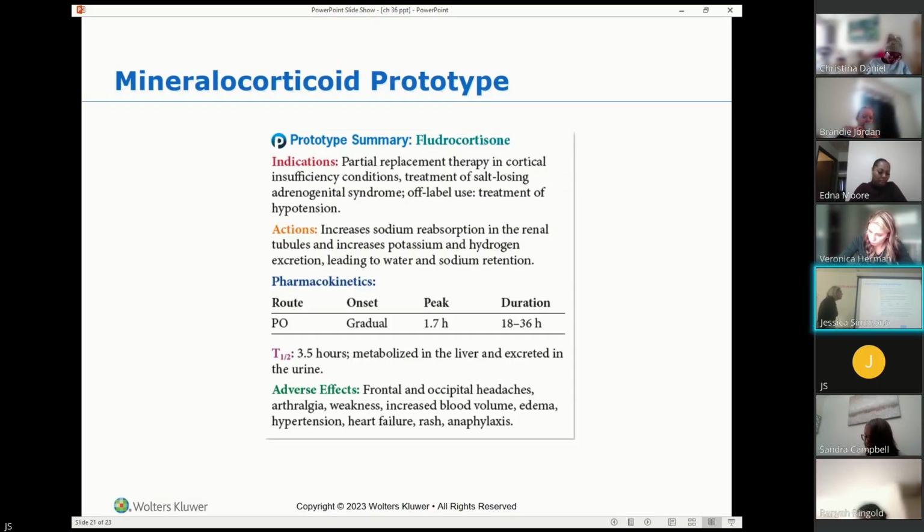When we're thinking about increased blood volume, what are these drugs doing? They're causing our body to hold on to the fluid and not let it go. So we have an increase in blood volume, which is going to lead to edema, which is going to lead to hypertension from increased volume, which is going to possibly lead to heart failure because the heart can't maintain pumping that high of a fluid volume.